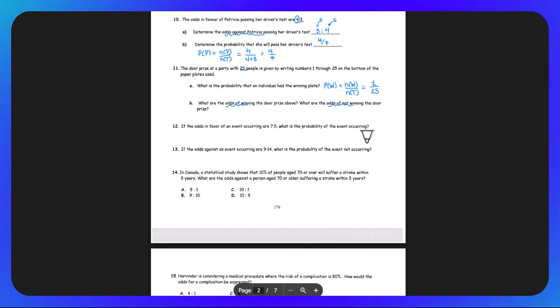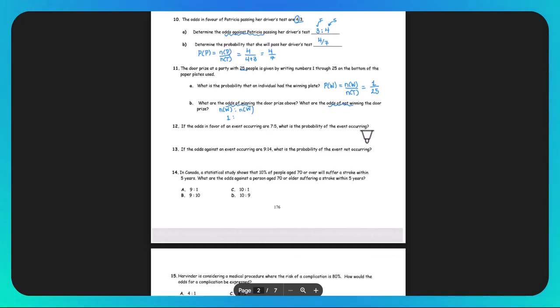Well, the first one, we want to say the odds of winning is the number of wins to the number of not winning, which means, how many ways can we win? There's only one way. But for the not winning, you have to think of the total number minus the win. So the odds of winning are 1 to 24.